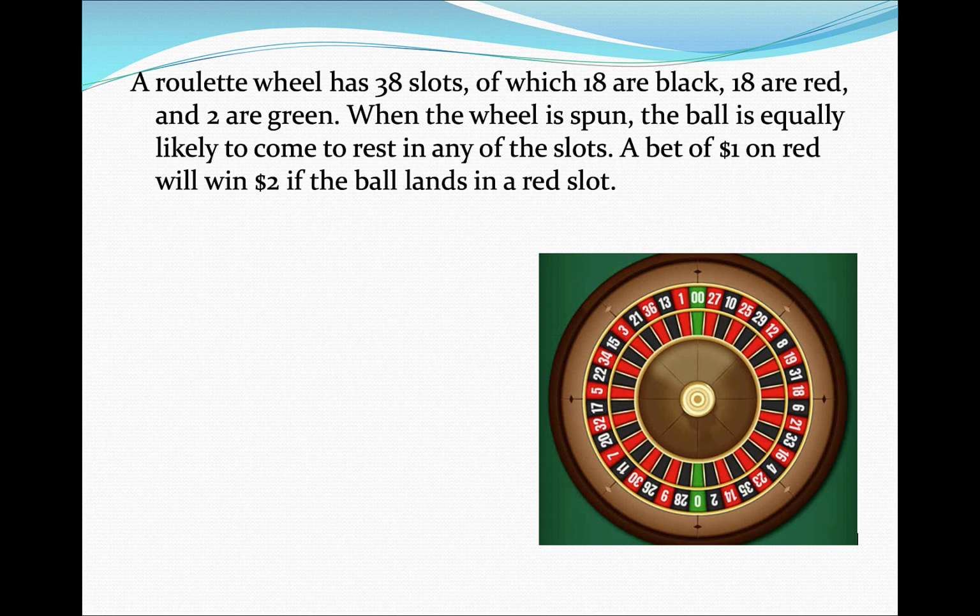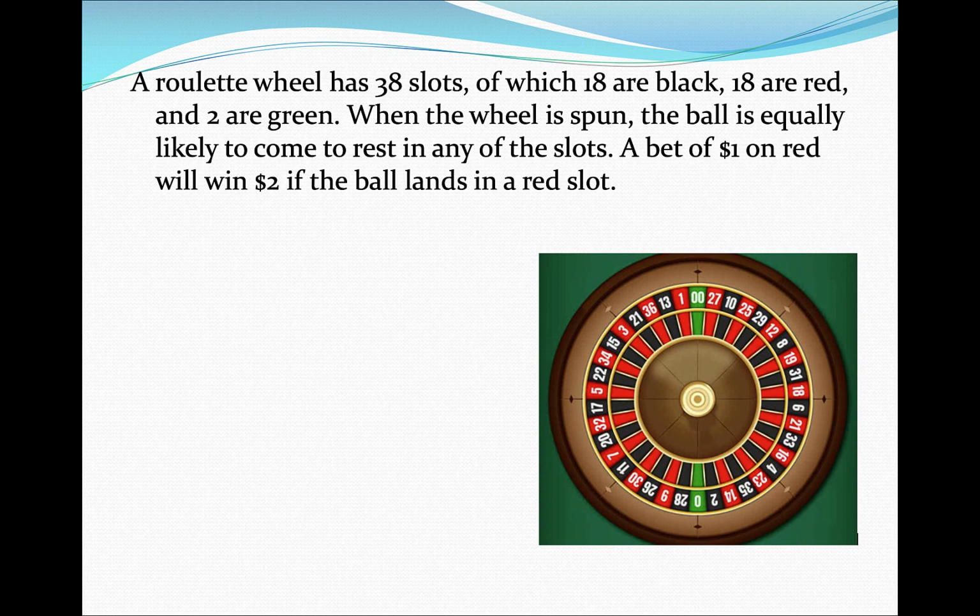And there's different ways that you can make bets. But a roulette wheel has 38 slots. 18 of the slots are black, and you can see a picture of a typical roulette wheel here. 18 are red, and 2 are green. The wheel is spun, and a ball is equally likely to land in any of the slots.